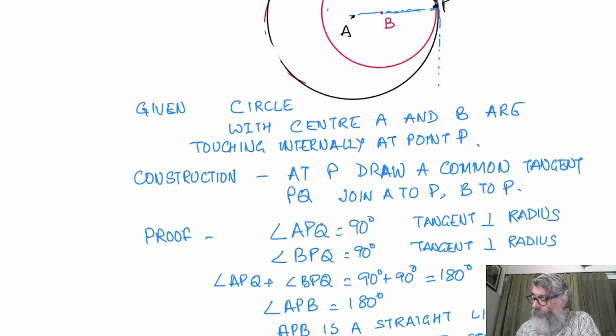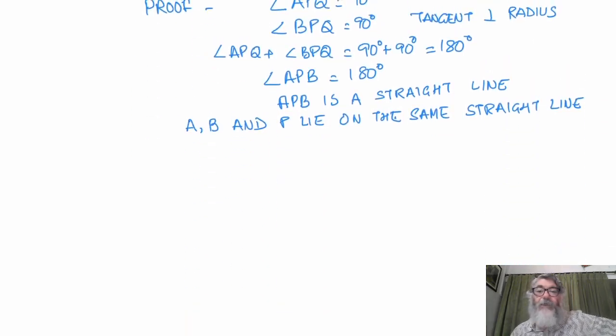That is what we were saying. Whether the circles are touching each other internally or externally, the line joining the center of the circle and the point of contact of the tangent will lie in the same line.